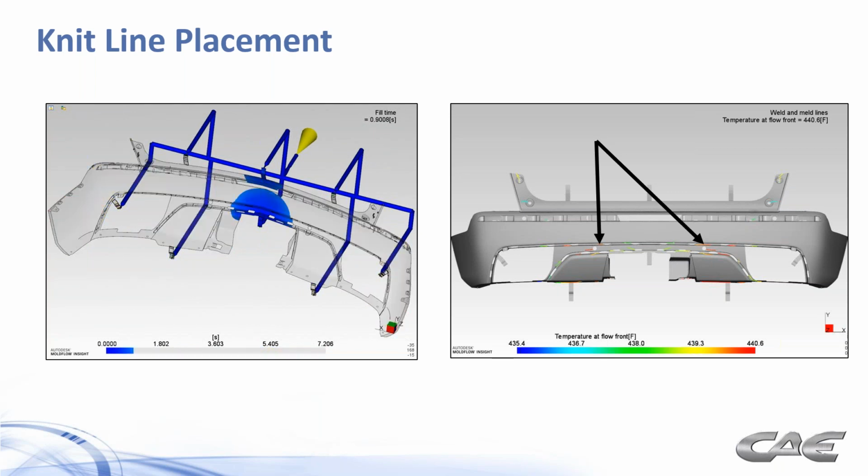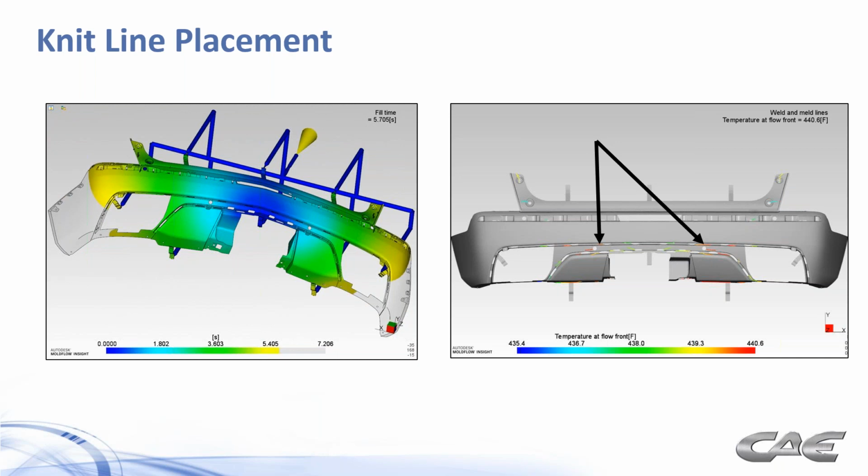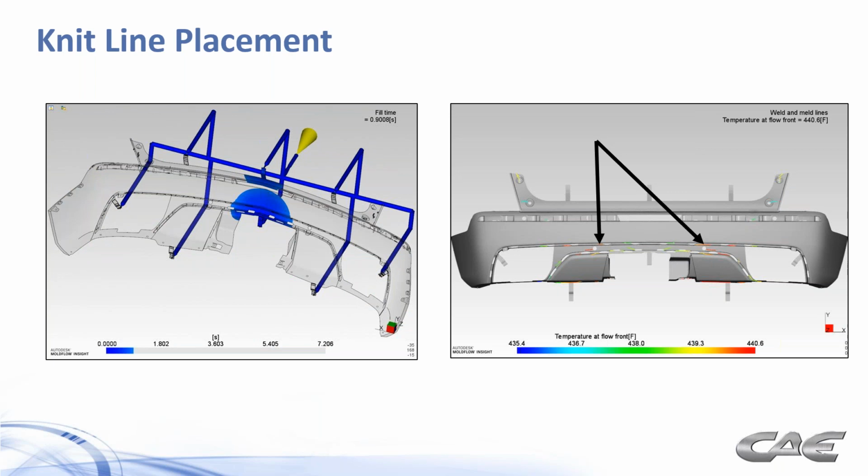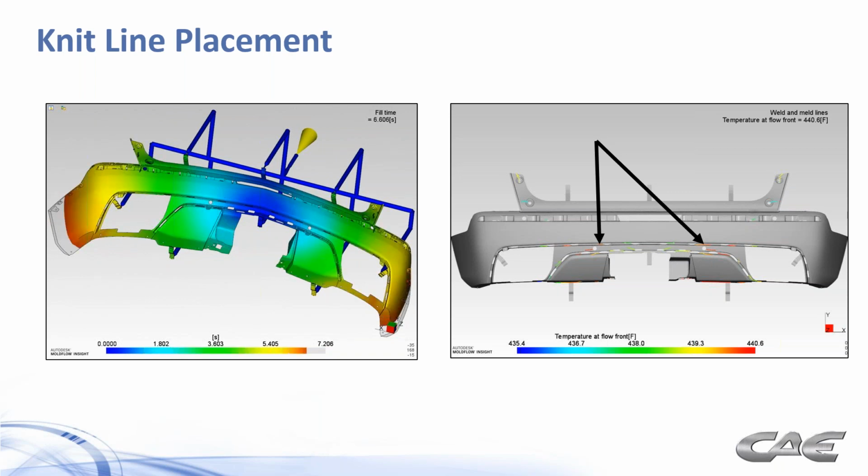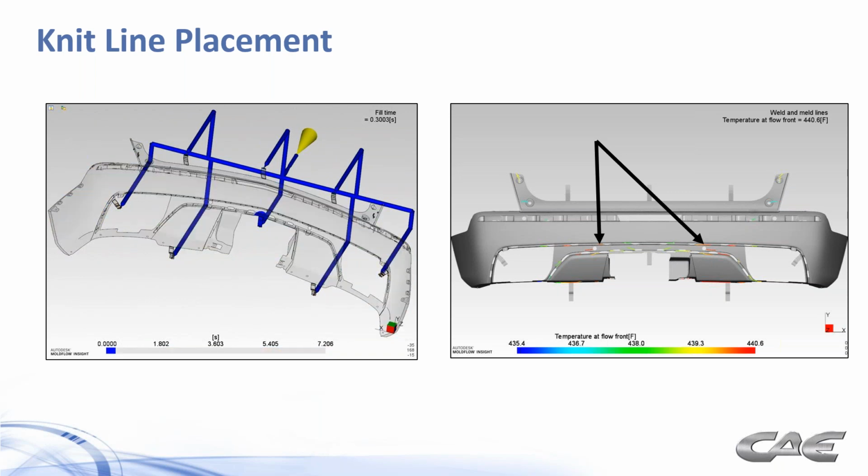I did have a question that was submitted before the webinar, and somebody asked, can you simulate venting? And the short answer to that is yes, but we generally don't. One thing you should know about MoldFlow in its standard format is that air gets out wherever it needs to. So it will tell you where the air is getting out in the simulation, and the hope there is that it gets out at a parting line so you can vent it, or worst case in an area where you have an ejector pin that you can mill off and vent through an ejector pin or an insert or something.